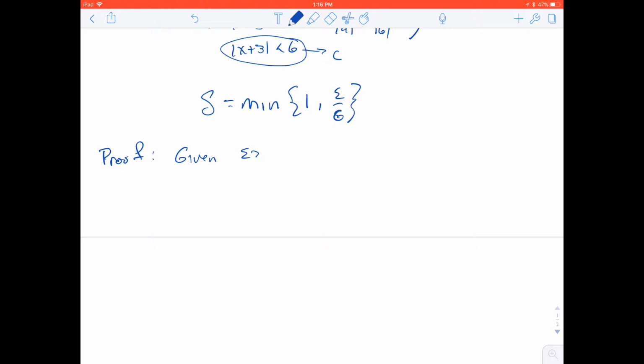Given epsilon greater than 0, choose delta to be the minimum, exactly what we said before, of 1 and epsilon over 6.